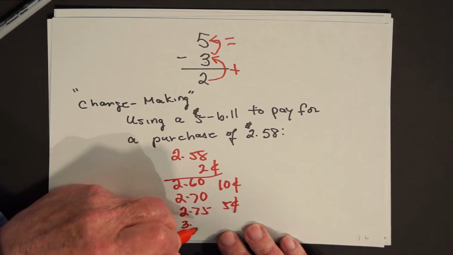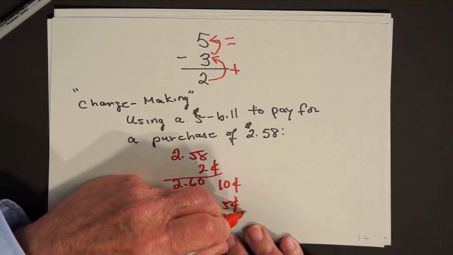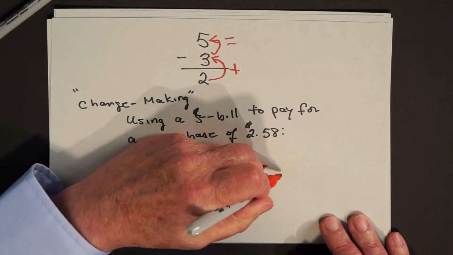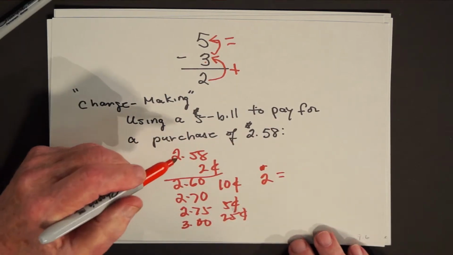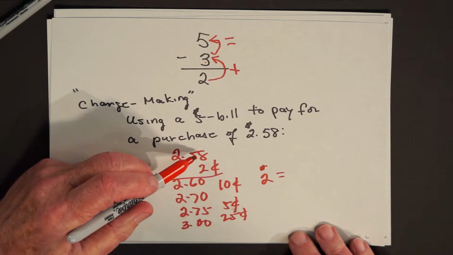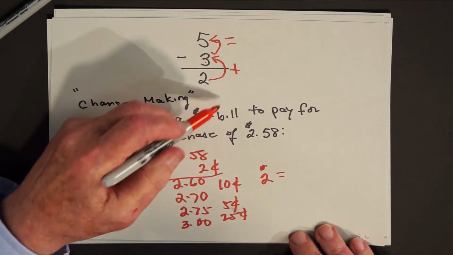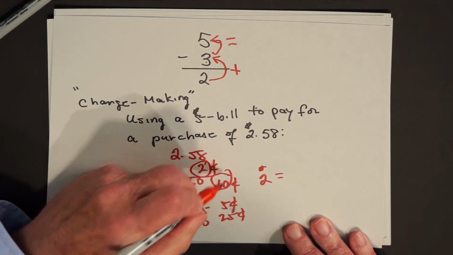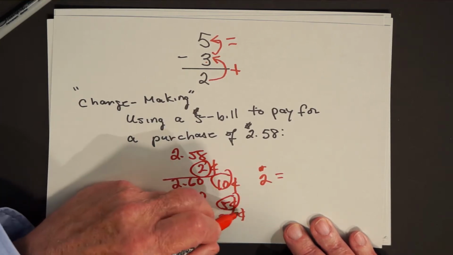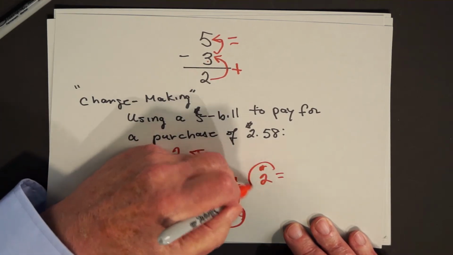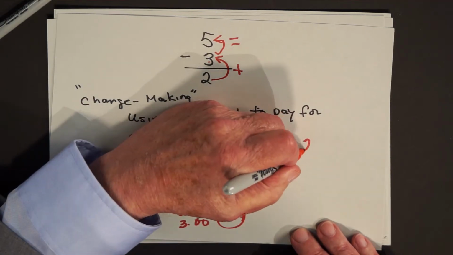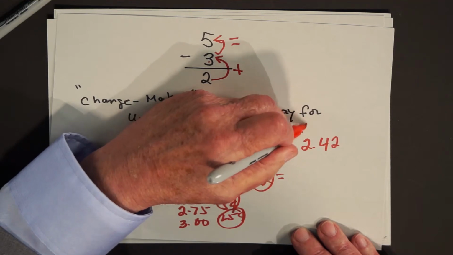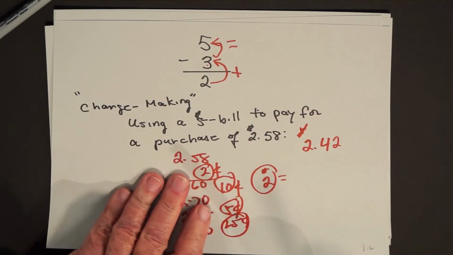Then he gives you a quarter, that makes $3. And then he gives you 2 $1 bills to make 5. In other words, what did he do? He added on to $2.58 the amount necessary to equal $5. If you add up the 2 cents, the 10 cents, the 5 cents, the 25 cents, and the $2, you should get $2.42, I guess. Okay?